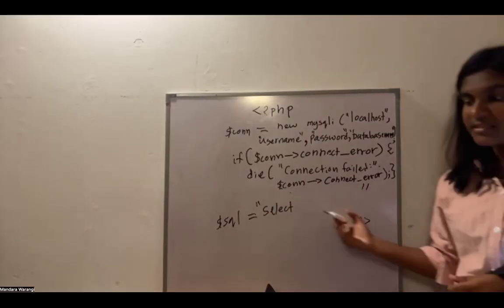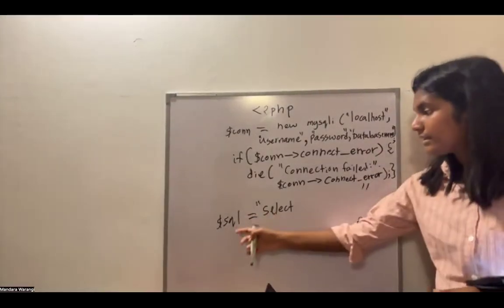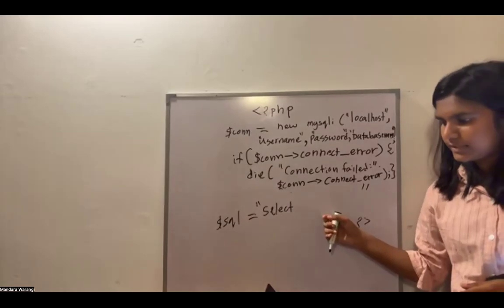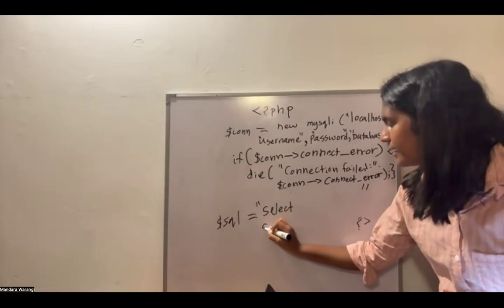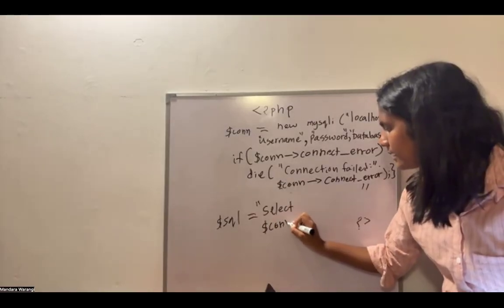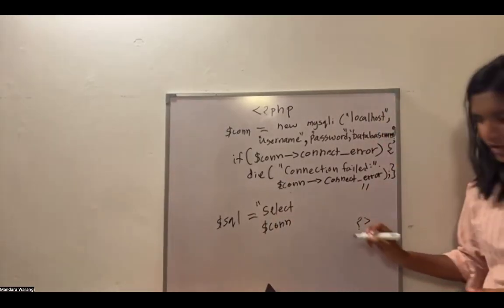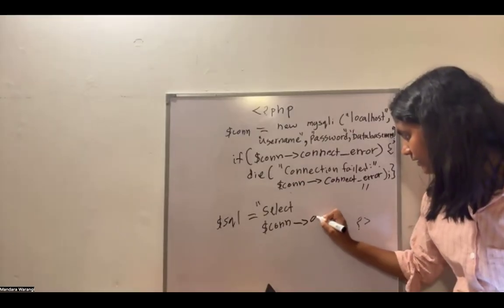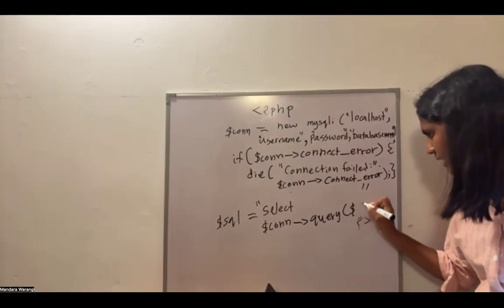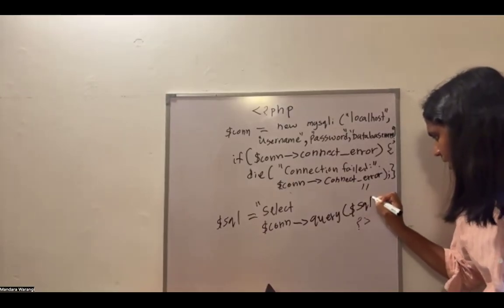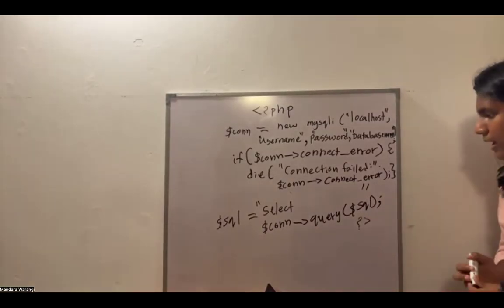And after that, we need to take the results of this code. So how can I get the results? I take the connection and run this code. This is the format that I have to run this code.